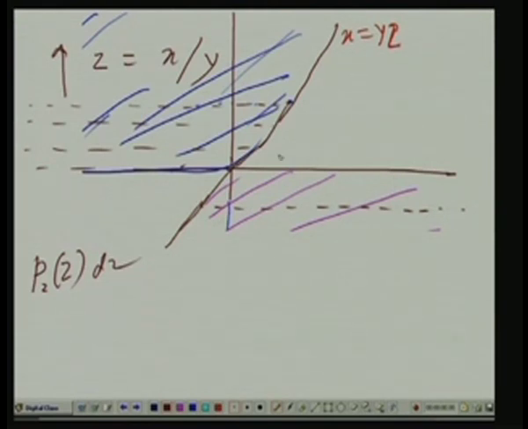What is the relation? What is z after all? Z is x by y, that is x equal to y z. Now, instead of capital Z, I have got another line, that is x equal to y (z plus dz).